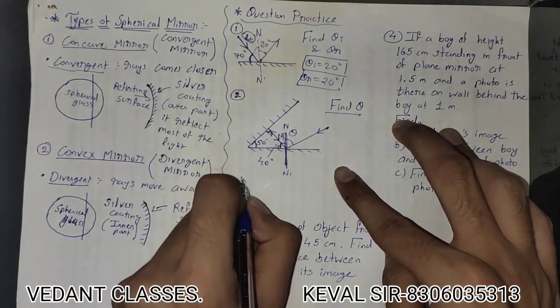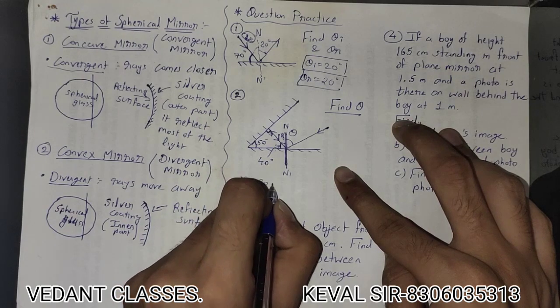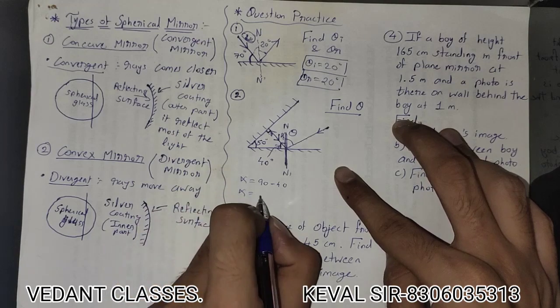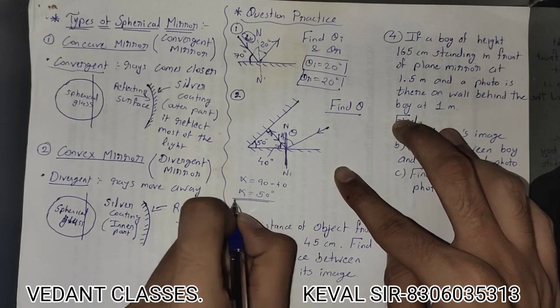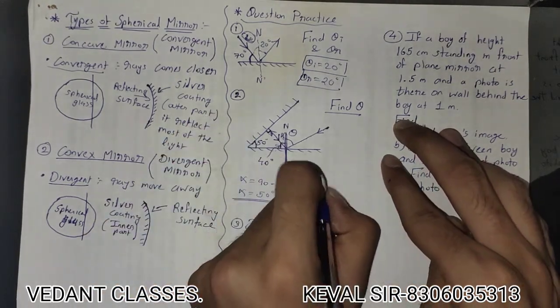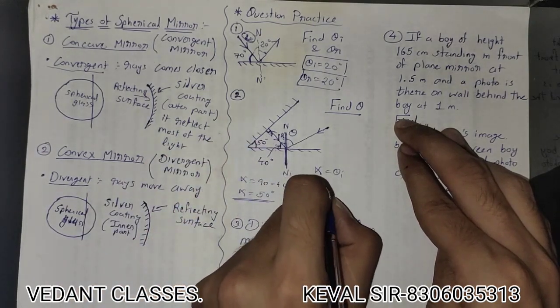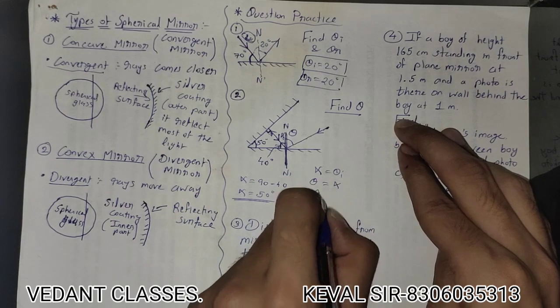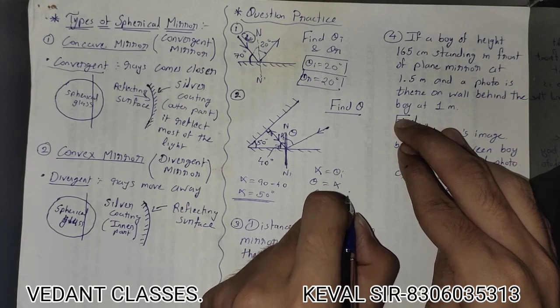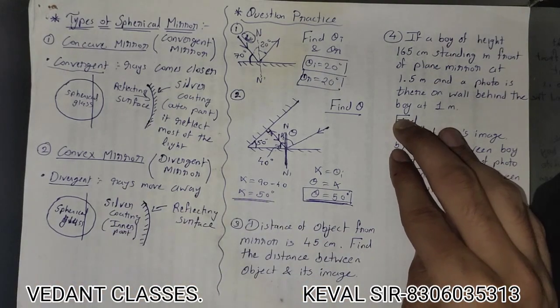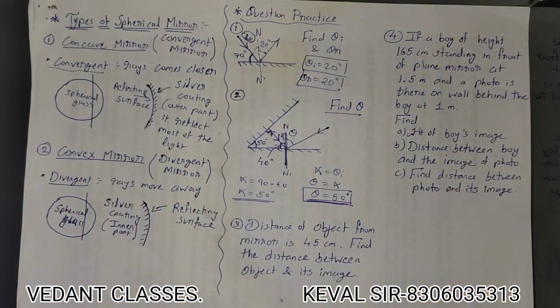So alpha is equal to 90 minus 40, so alpha equals 50 degrees. And here alpha is theta i, the angle of incidence, so theta will be equal to alpha according to the laws of reflection, so theta will also be equal to 50 degrees. So this is how, using simple maths, you can calculate the angle theta.